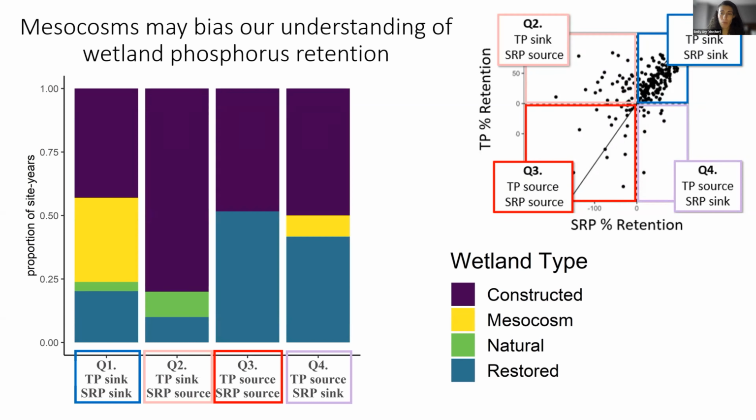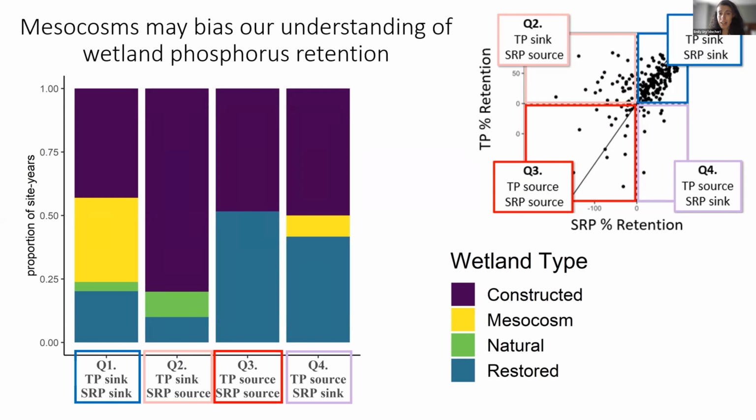When we look at the other 3 behaviors, those wetlands that are acting as a source for some form of phosphorus, now we see that mesocosms are really not showing up in this portion of the data. I find that pretty interesting because there may be many reasons why mesocosms are outperforming other wetland types. In fact, they're some of the highest, best performing types of wetlands in this study set.